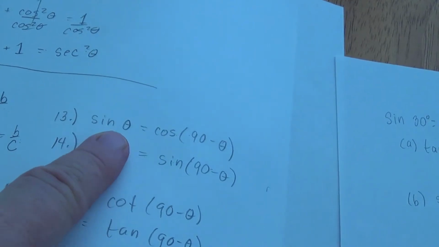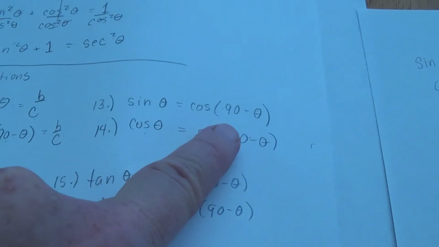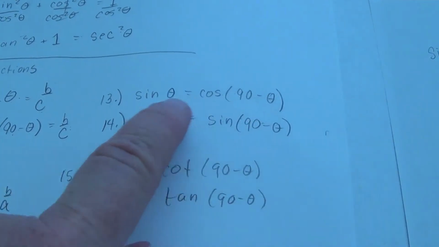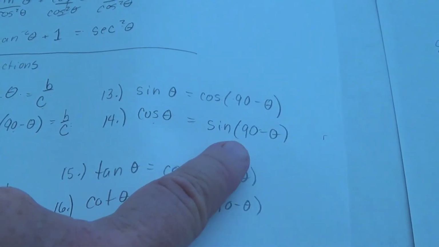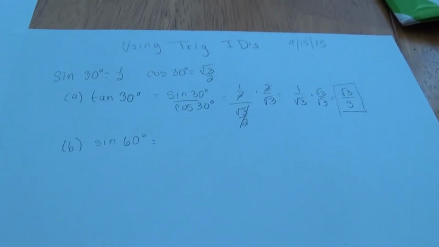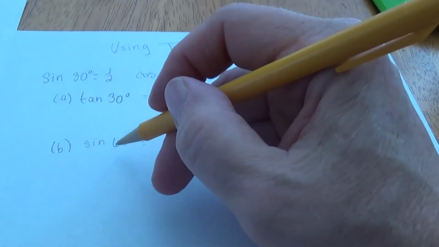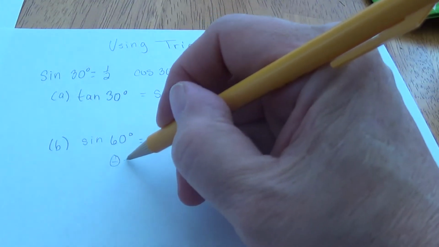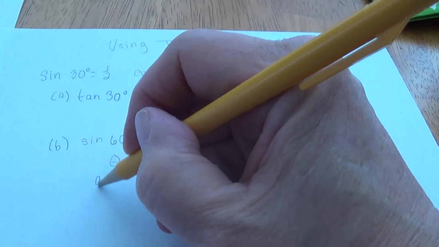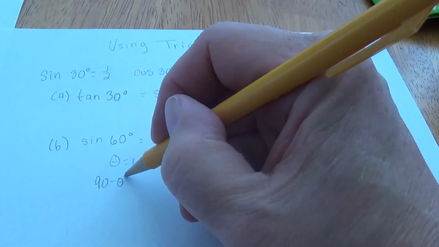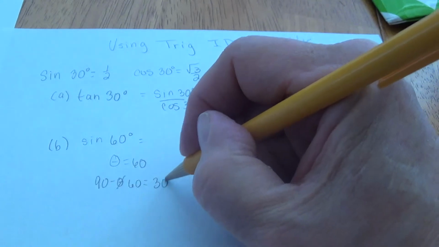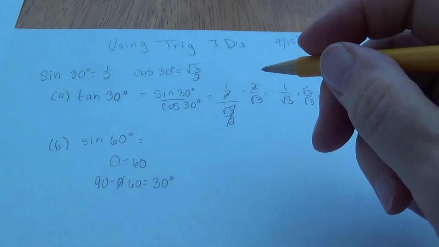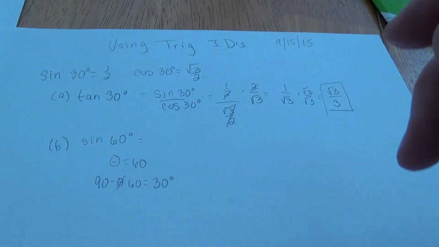Sine of theta is the cosine of the other angle in the triangle, and the cosine of theta is the sine of the other angle. So I can use that here because in this case, theta is 60, and 90 minus 60 is 30. So the other angle, the 90 minus theta, is 30.